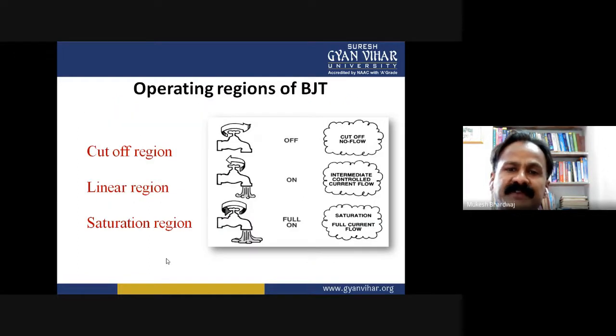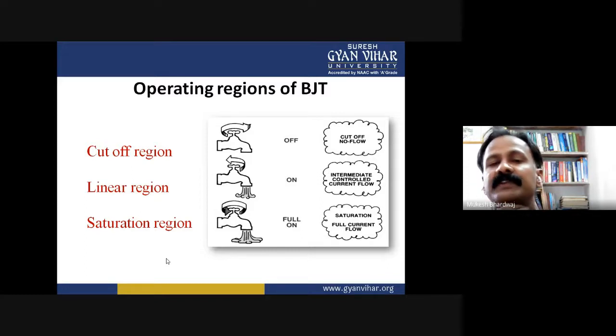Operating regions of a BJT. What I discussed is that the transistor works in four regions. First is the active region, which I have discussed. When the emitter base junction is forward biased and the collector base junction is reverse biased, it is known as the active region.